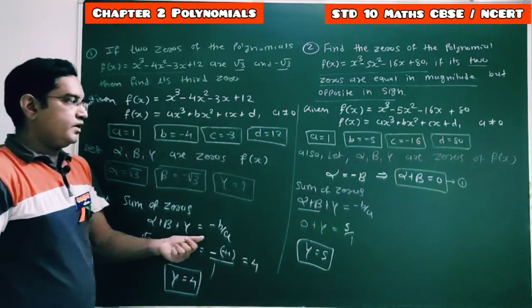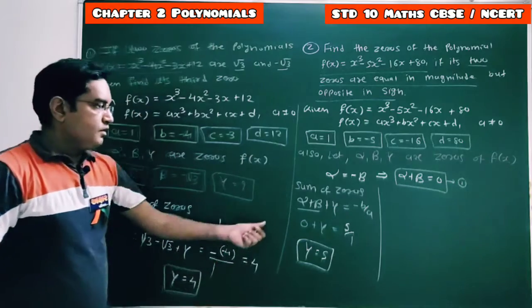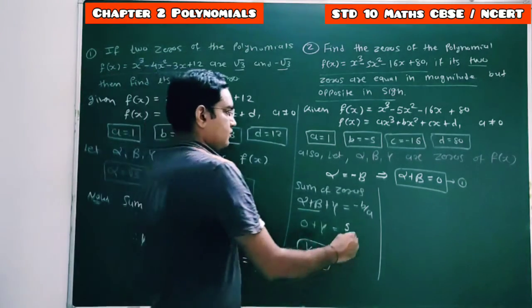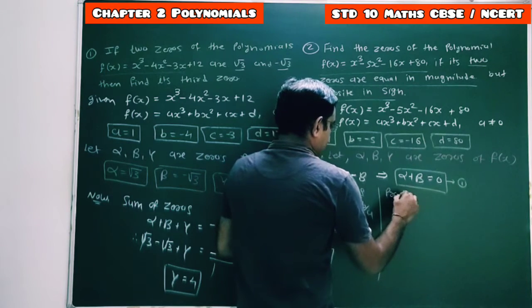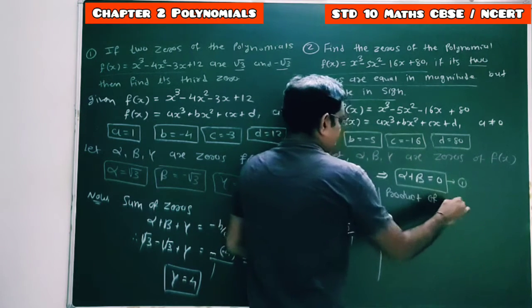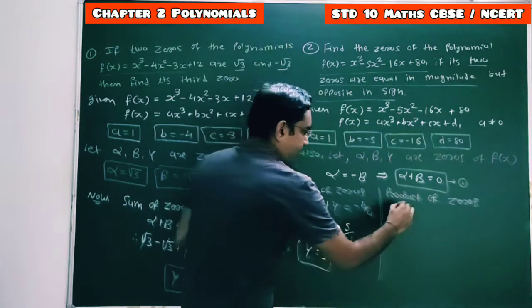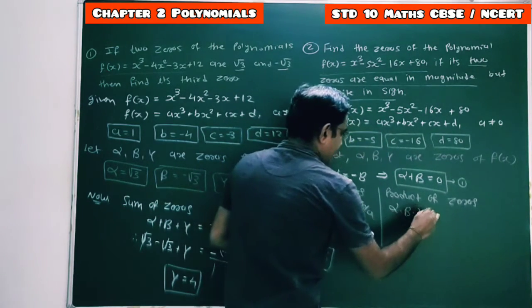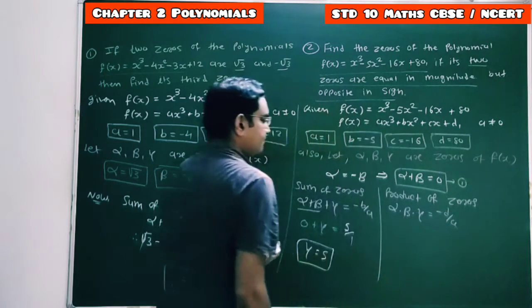Now we have to find the values of alpha and beta. So we have one more relation, the product of zeros. So what is the product of zeros? Product of zeros of a cubic polynomial, that is alpha into beta into gamma equal to minus d by a.